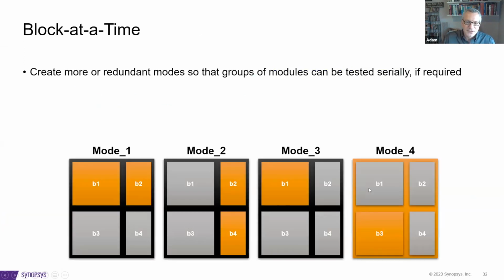So here we have, for example, multiple groups of designs, and they're being tested several at a time. Again, to mitigate power during test, you can test blocks serially instead of all in parallel. But the blocks that are off, you can use DFT only techniques to turn that block off completely, including its entire clock tree.